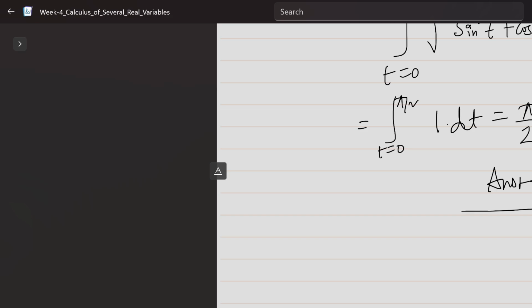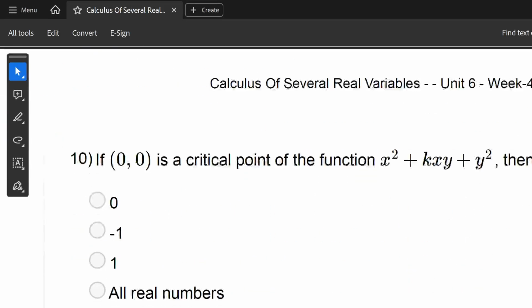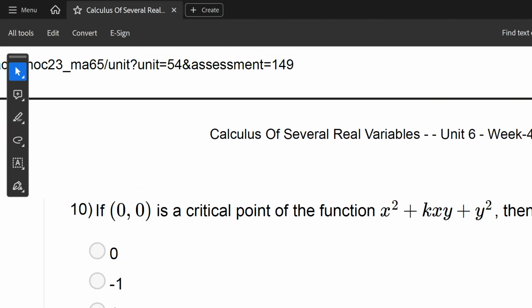So I will move to the last question. That is question number 10. It is again a maximum minimum question, not a question of length and velocity acceleration. If 0, 0 is a critical point of this function, then what is the value of k?